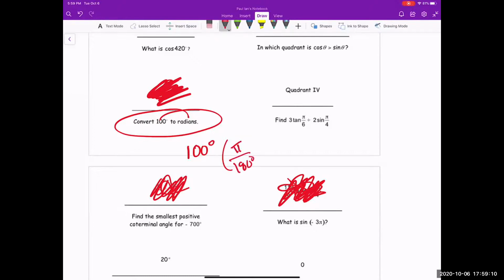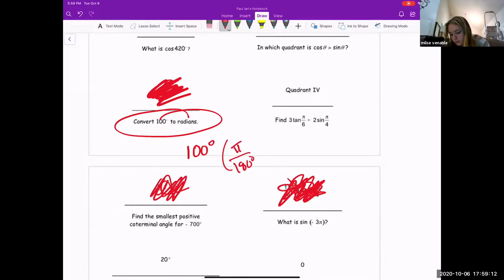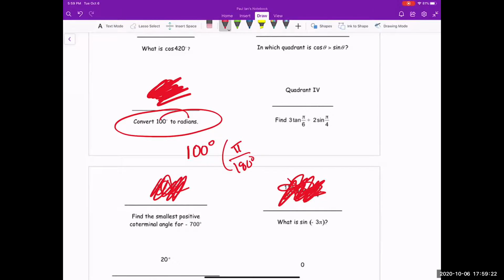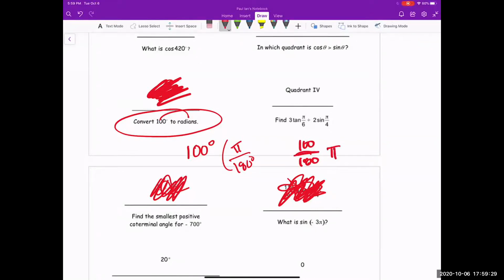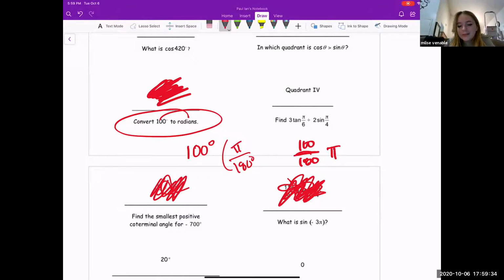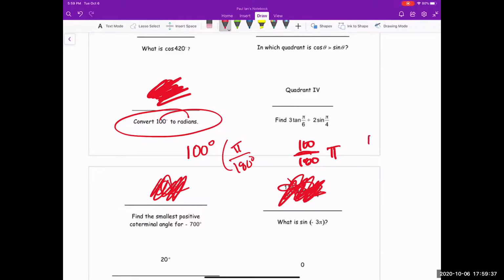There you go. So 100 over 180 times pi. It'd be 10 over 18, wouldn't it? And that's going to be, let's see, 5 over 9. And then 9 pi.